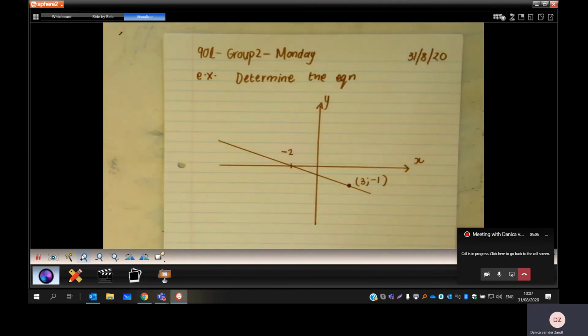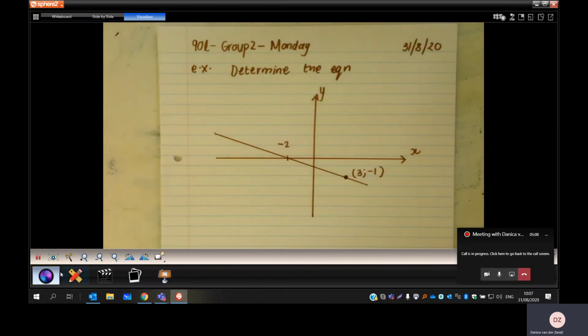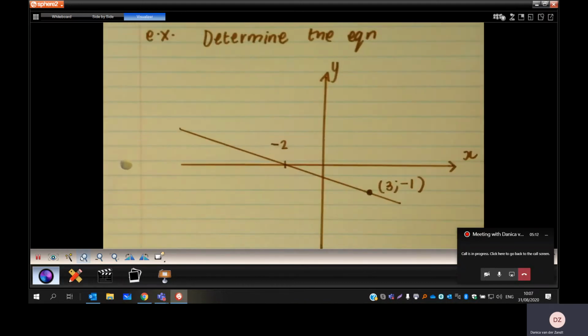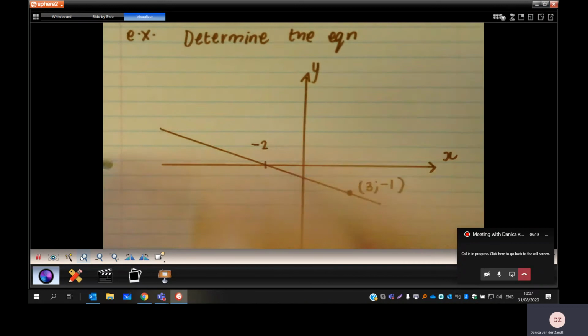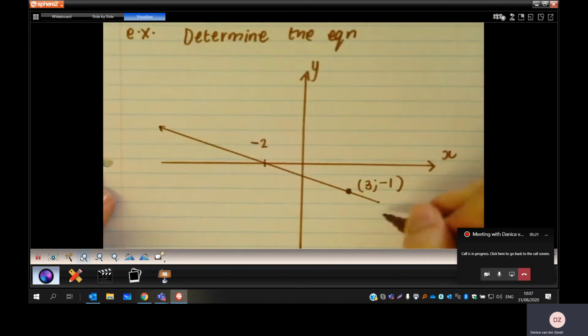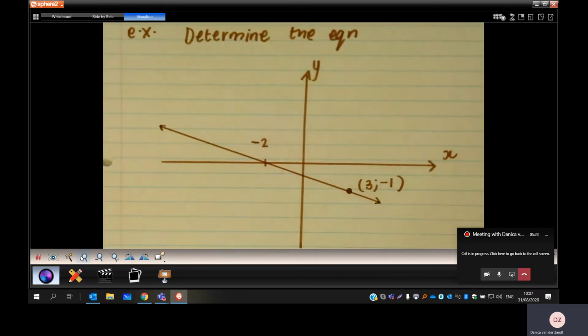Okay, I'll zoom in a little bit. So determine the equation of the straight line given to you. Just one and only one step of help.